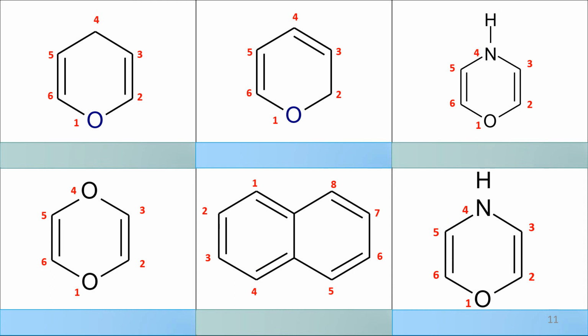Next, a 6-membered ring with an oxygen heteroatom and a double bond. The name of the structure is 4H-pyran. Because this one has the saturated hydrogen, the number is 4, and pyran indicates the presence of oxygen at one position.